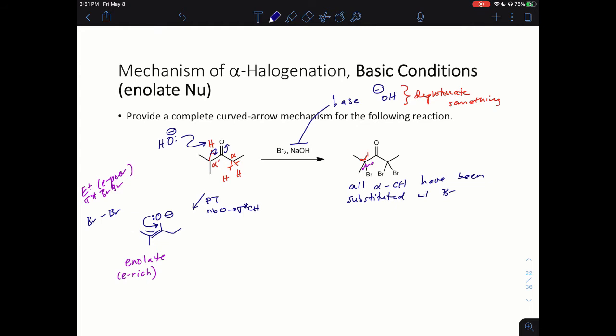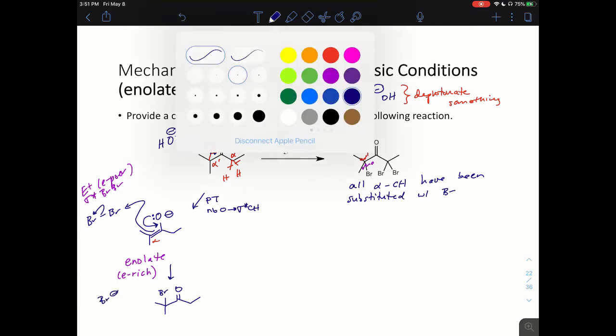Fancy arrow, let's redo that. And then attack from the alpha carbon. So from the alpha carbon, attack sigma star Br-Br. That breaks this bromine-bromine bond. That generates an alpha bromoketone, just like we observed in the previous reaction. And of course, bromide leaving group.